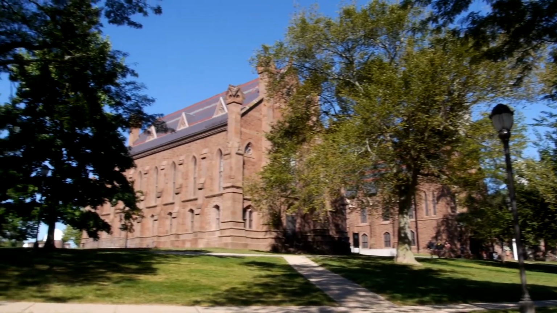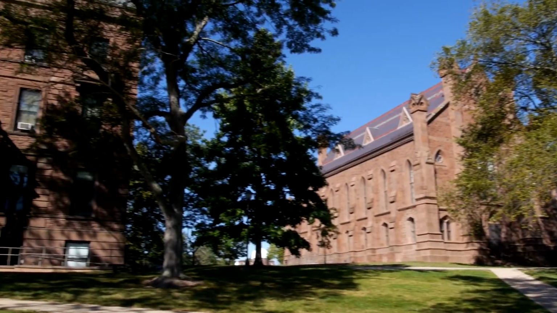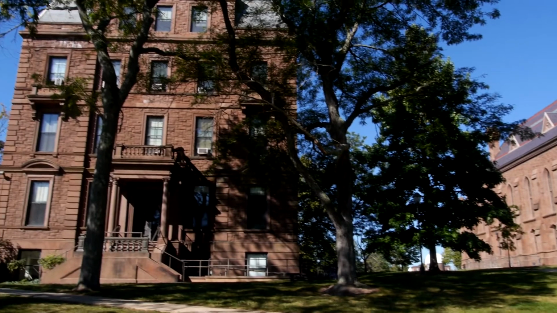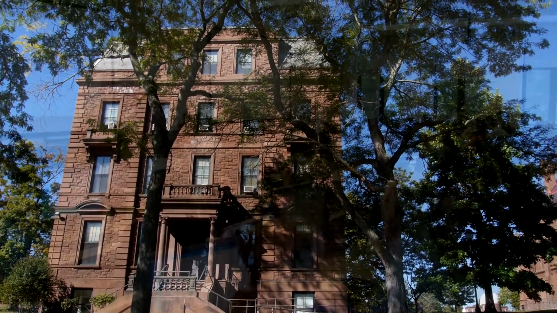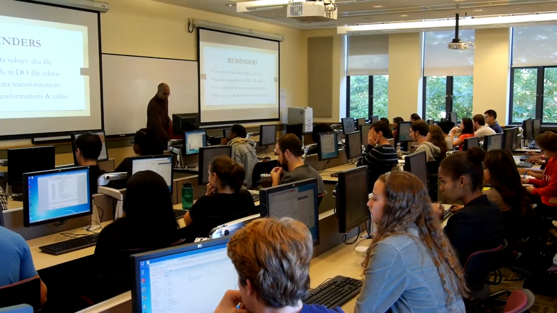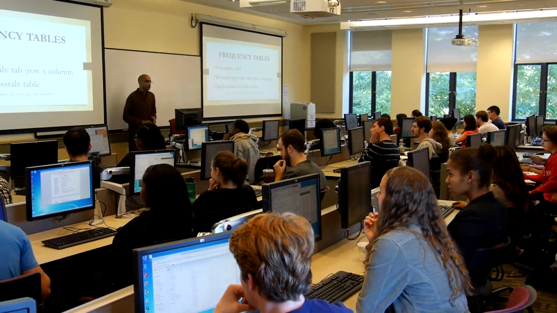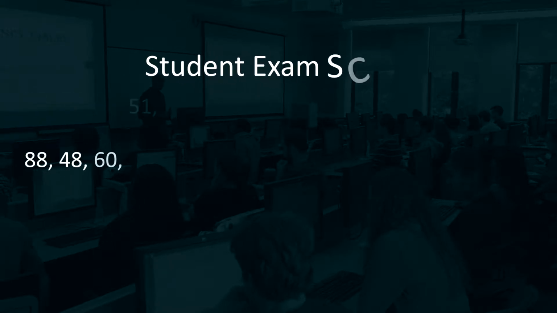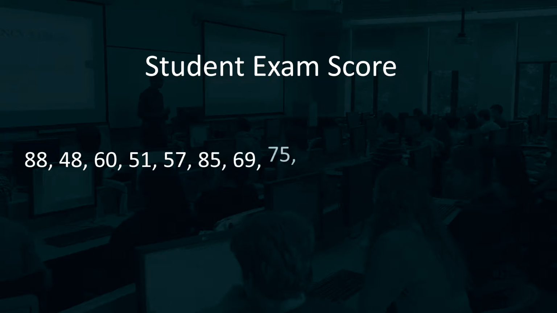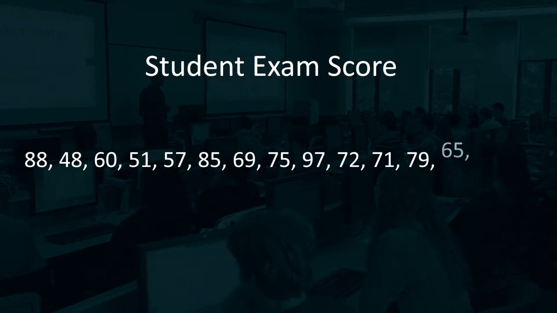Let's look at a more basic example of how a histogram might be constructed, and then use that as a springboard for talking about additional descriptive statistics that can be generated for quantitative variables. In this example, we have the exam grades of 15 students. We first need to break the range of values into intervals, also called bins, groups, or classes.